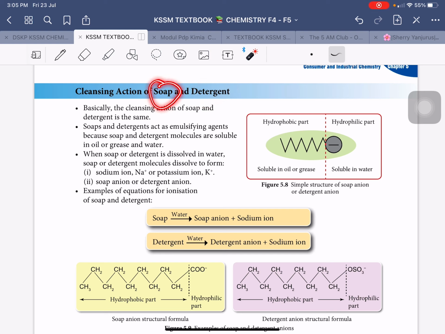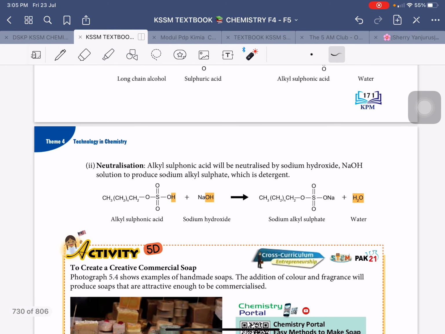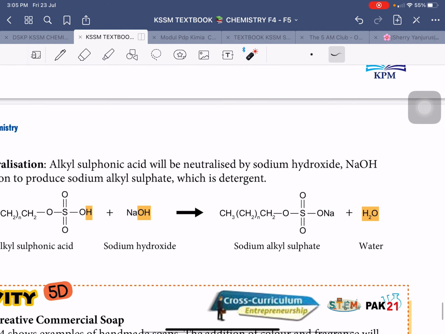Soap and detergent are different. Soap, you can see the COO, and then detergent you can see the OSO. Okay, in the molecular structure, let me remind you again how it looks like. This is detergent. If you see OSO3, this one is detergent.